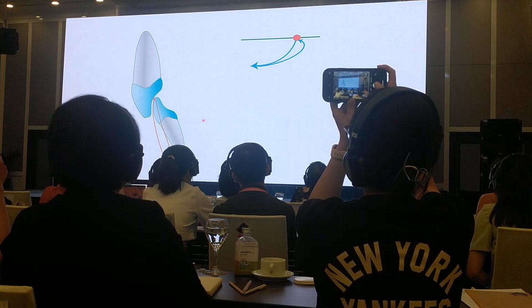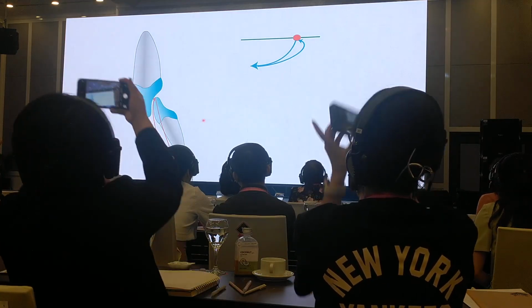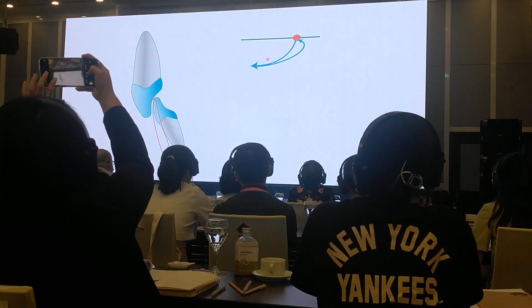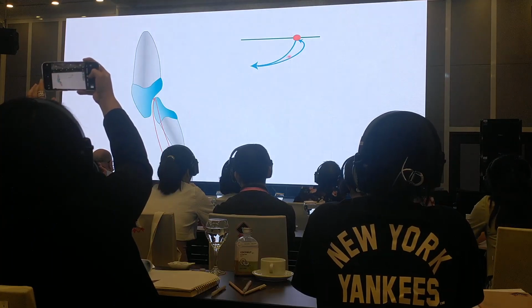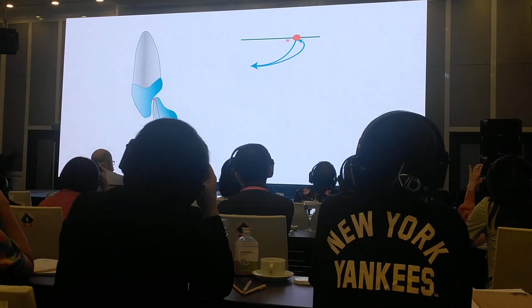All the system tries to bring the mandible backward. Therefore, in condyle movement, opening, closing, it goes back, more back, then goes back here.